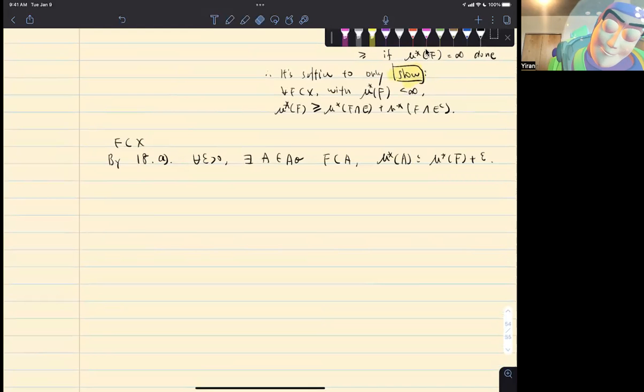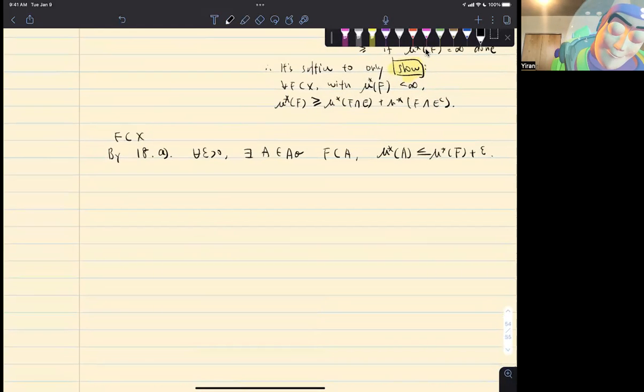And what else do we have? So look at A, right? A is in A sigma, which is a subset of M star.